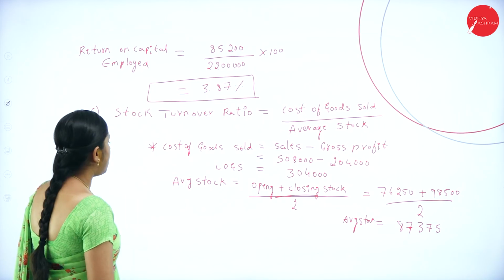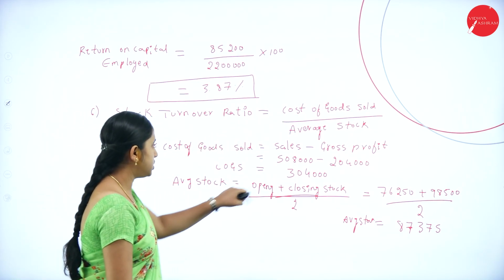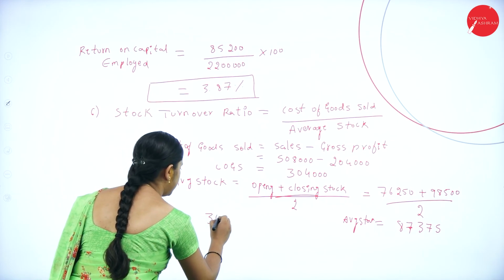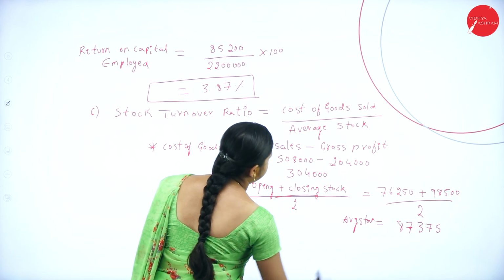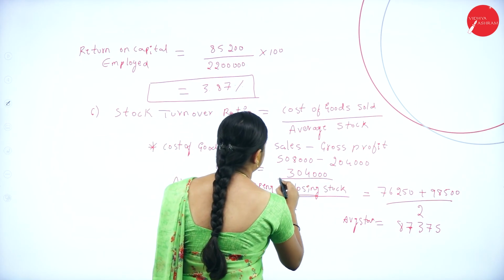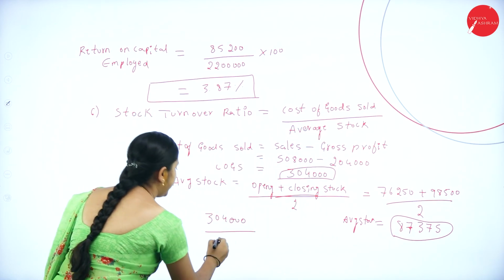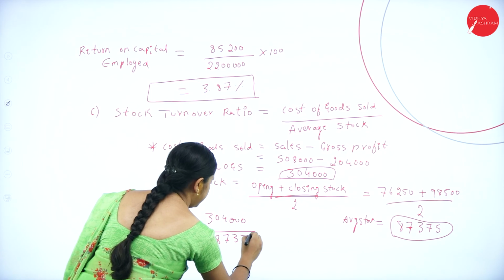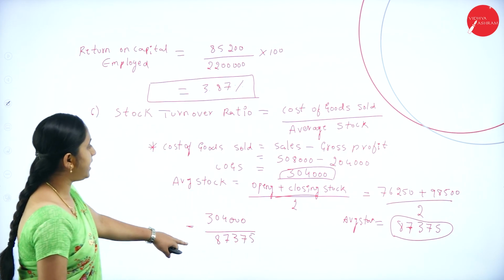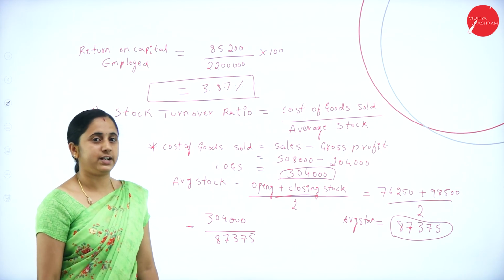Now we have cost of goods sold and average stock. Just calculate stock turnover ratio. Stock turnover ratio is cost of goods sold, 3,04,000, divided by average stock, 87,375.